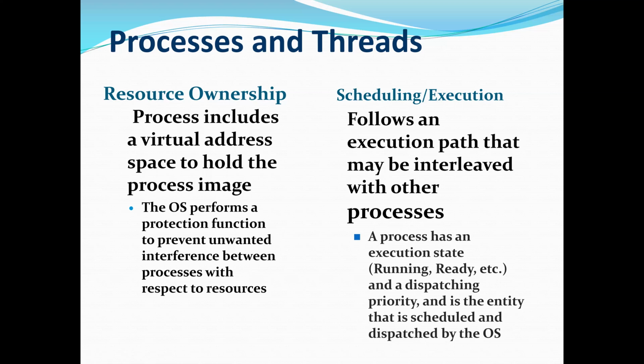This execution may be interleaved with that of other processes. So a process has an execution state, such as running or ready, and a dispatching priority, and is the entity that is scheduled and dispatched by the operating system.